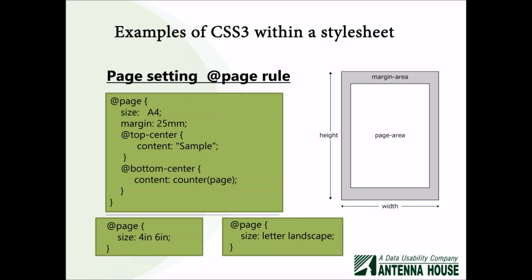Same as if I have information in a file that isn't suitable for a page, blinking or something else, the engines that format that page, CSS3, are going to ignore it. But it can all be in one style sheet, and it's a language that's consistent with the rest of the style sheet.